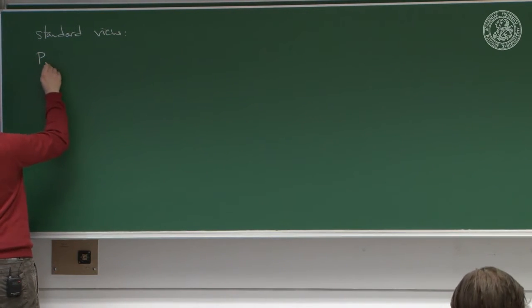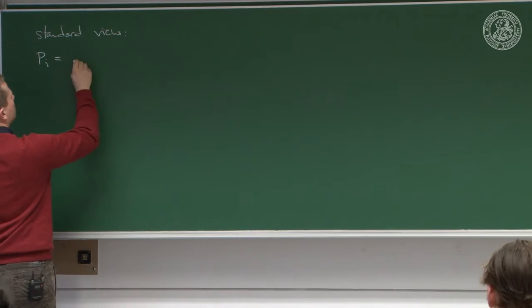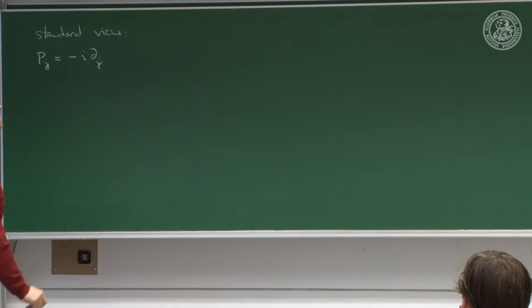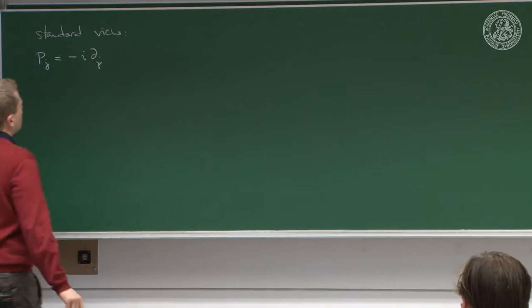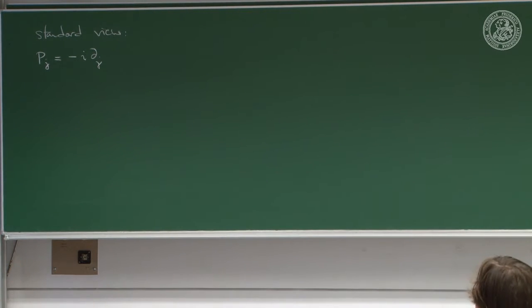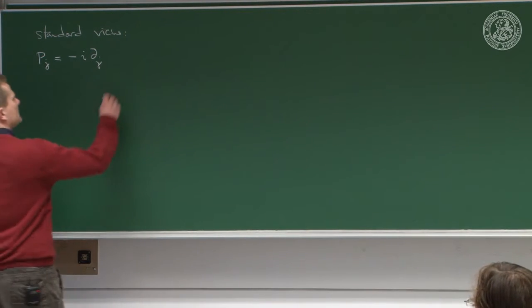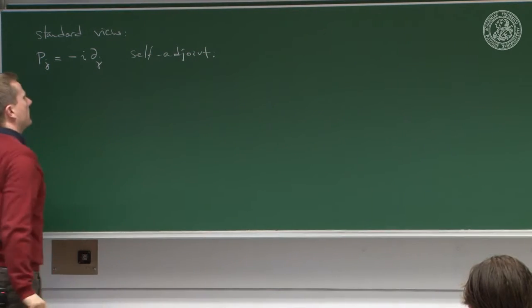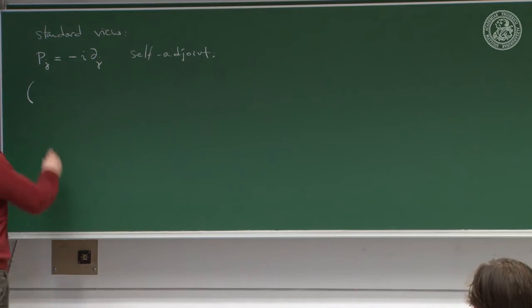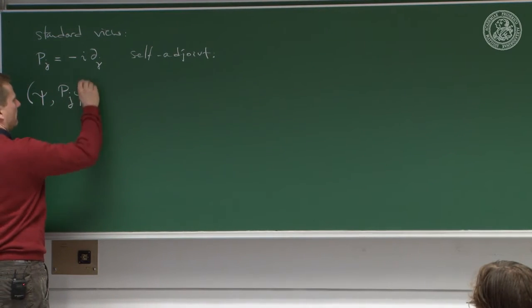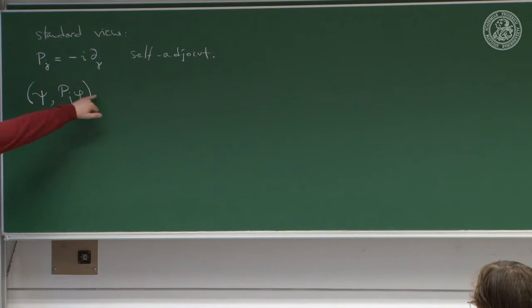First of all, this P_j, which is the operator minus i del_j, acting on some suitable restriction of L2 in this case, is self-adjoint with respect to the inner product we defined. Let's very quickly write this down. We have psi and P_j phi. What is to be shown is that this is the same as P_j psi comma phi.